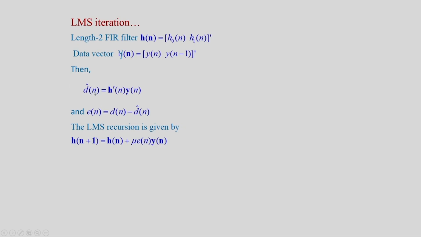Then the output of the adaptive filter d hat of n is given by H transpose of n into y of n, that the algorithm will compute, and e of n is given by d of n minus d hat of n. d of n we already know, d hat of n we have computed here, therefore, we can compute e of n. The LMS recursion is now given by h of n plus 1 is equal to h of n, which we have defined here, plus mu times e of n into y of n. In this way, we can update the filter coefficients.